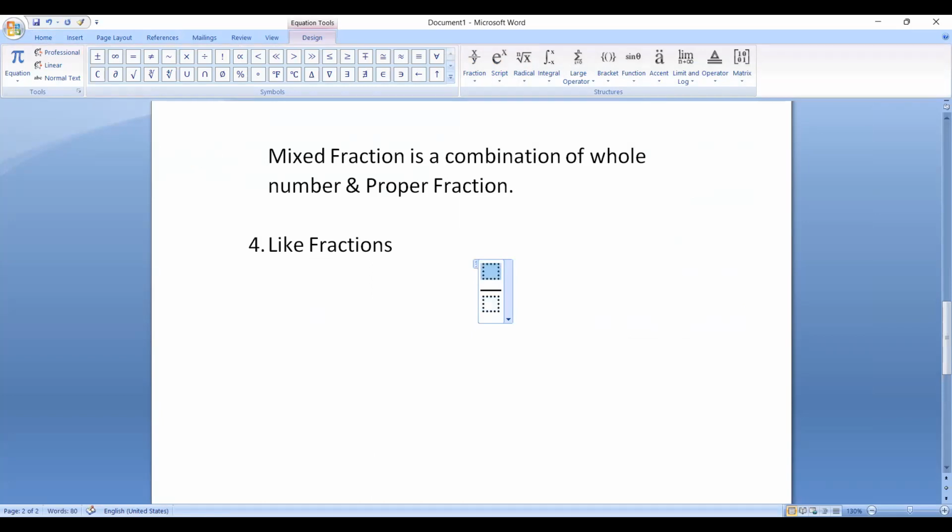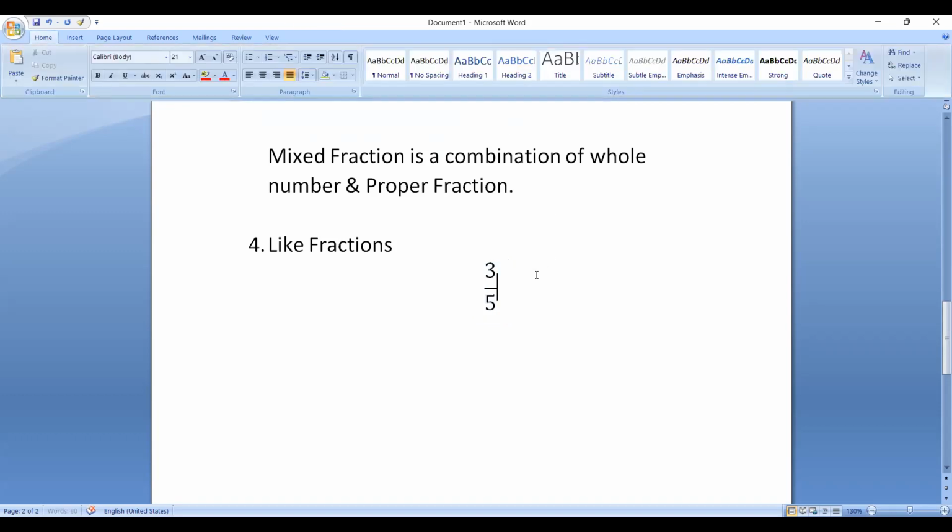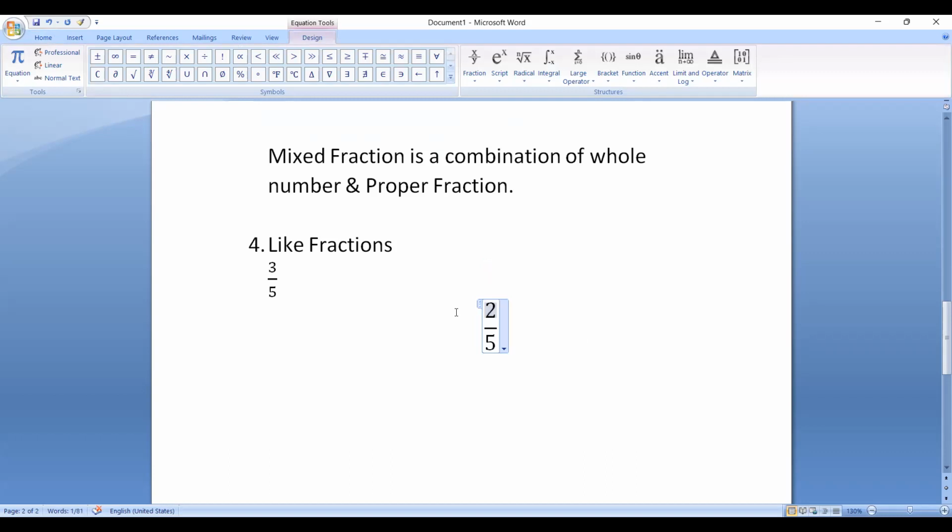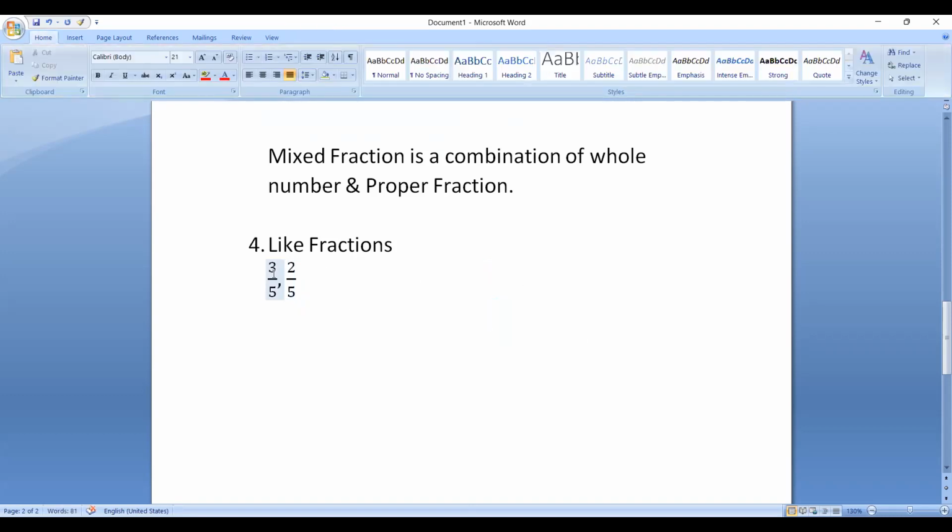Suppose 3 upon 5, 2 upon 5, and one more fraction, 1 upon 5.